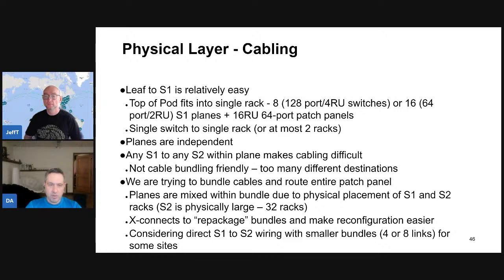When people do physical infrastructure, it's easier to work with not a lot of unique links. It's easy to work with cable bundles which go from the same rack to the same rack and have the same length and so on. So it's just a way to deal with complexity. What we do is use hierarchy.